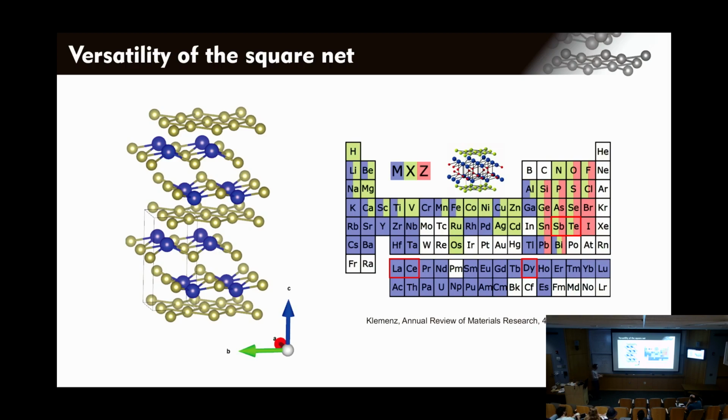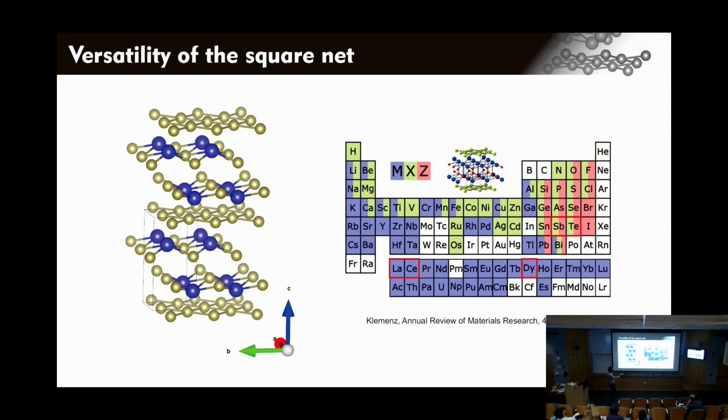Now, painting in very broad strokes, this square net motif is named that way because there are covalent sheets of square coordinated elements here, and they are sandwiched between some ionic layer of some other element and an element here, and these are ionic, and not all the time, but generally speaking, considered to be less important to the conductivity. So you can kind of think about this as like a square version of graphene with stuff in the middle. But this is really the equilibrium crystal structure. This is what the chemistry gives you.